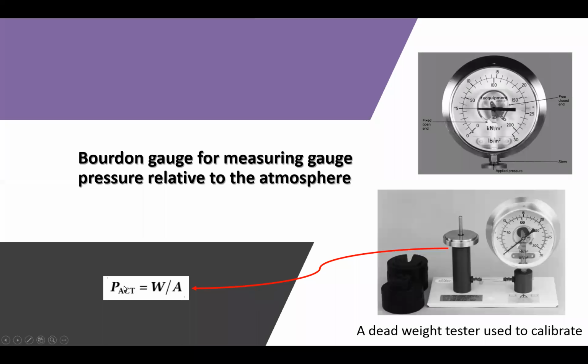We can calculate the actual pressure, and we need to make sure the measured pressure is equal to the actual pressure calculated by this formula. If not, there should be a screw or something behind the Bourdon gauge, and we need to adjust the measurement. That's the way to calibrate a Bourdon gauge.